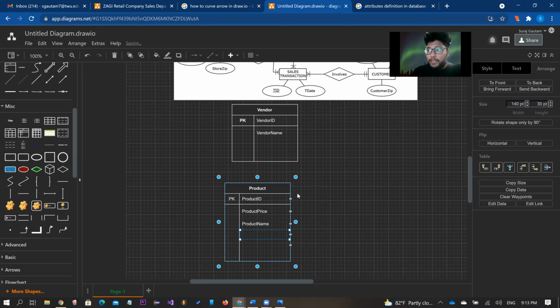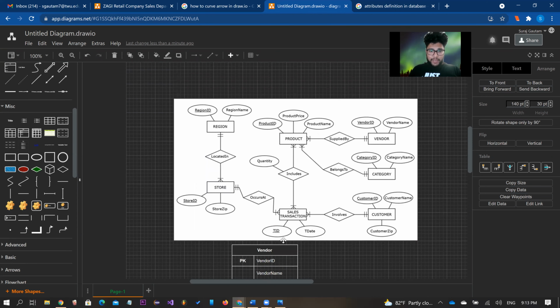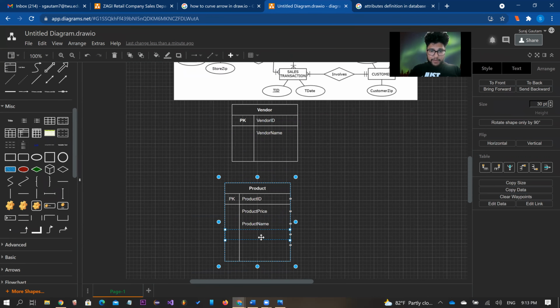Basically, we can also see product is also linked with the customer, because vendors are the ones that sell the product to the customers, product to the basic store. They are linked up with this, and they have a direct relationship with it. And for this we need to have vendor ID.